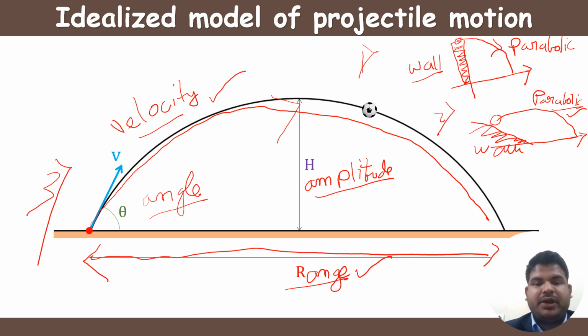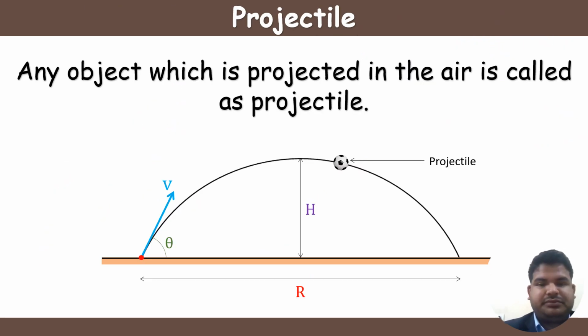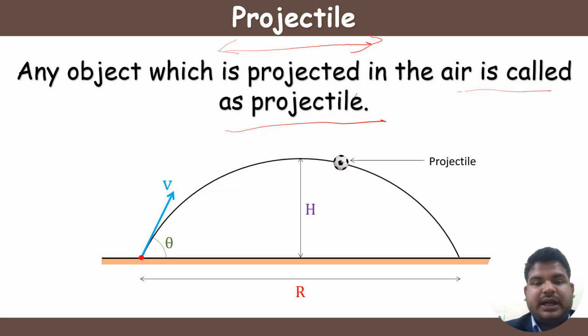Okay, let us move forward. This is the example you are getting. An object which is projected in the air is called a projectile. The path traced by the ball is a projectile path.